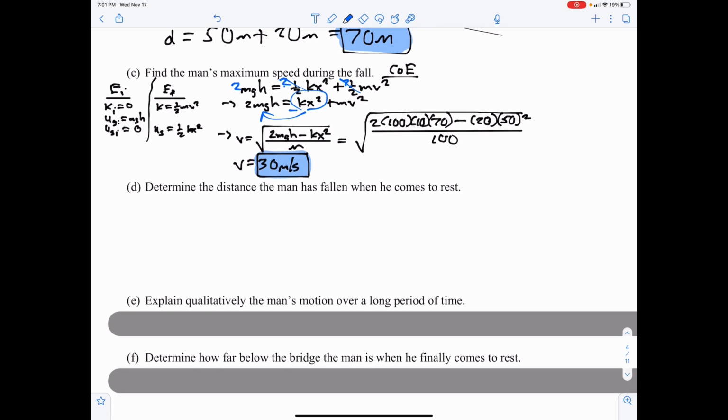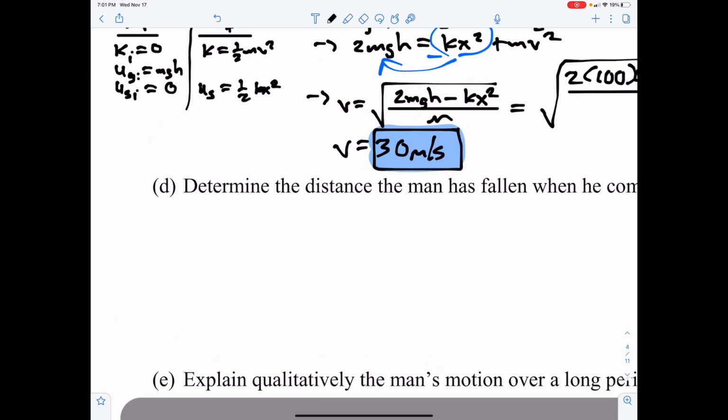Determine the distance the man has fallen before he comes to rest. Okay. So again, I'm going to use the initial point of energy as the very top. So kinetic energy is 0. Gravitational potential energy is mgh.